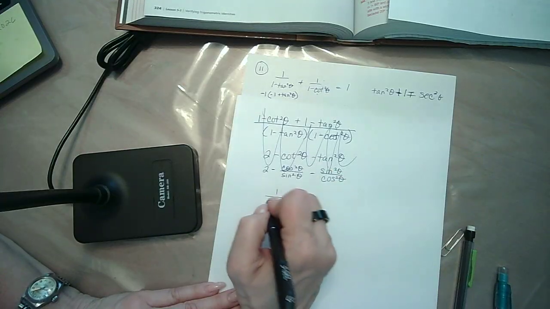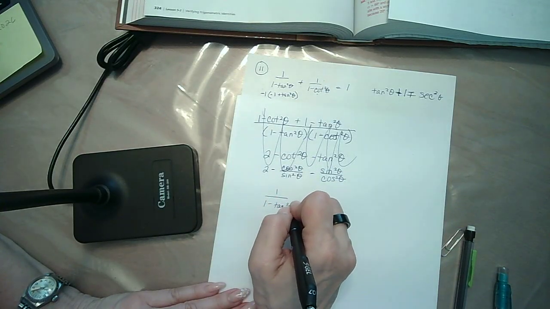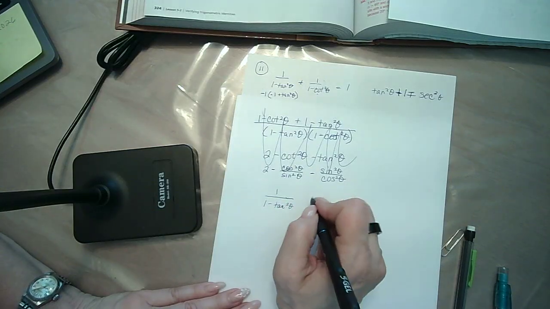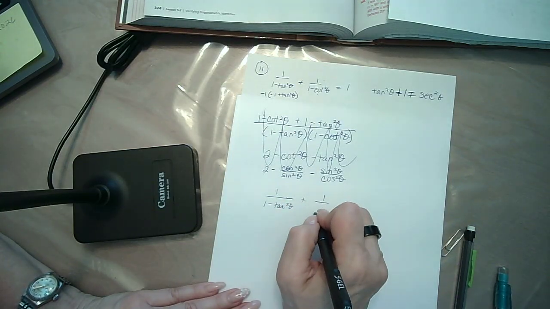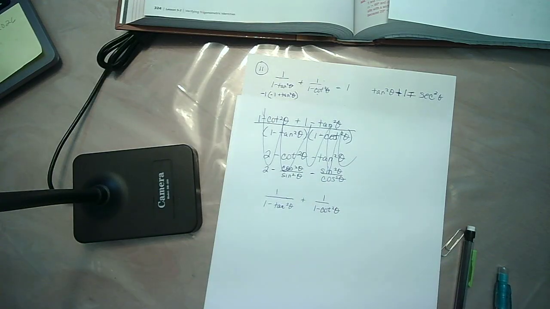1 over 1 minus tan squared theta plus 1 over 1 minus cotan squared theta. If I wrote this as the difference of squares, that's not going to help me.